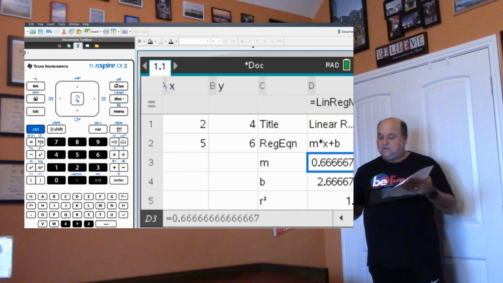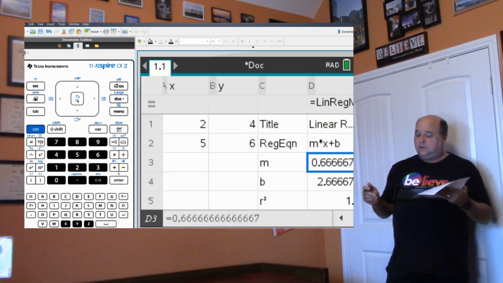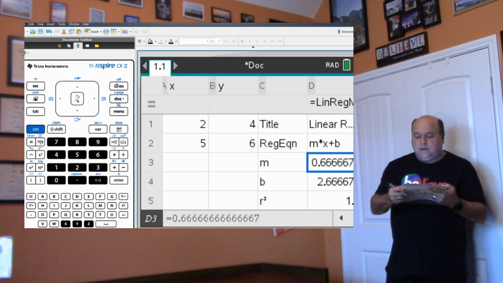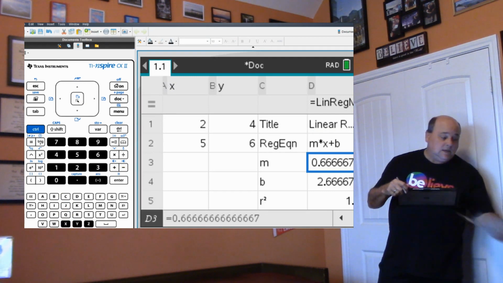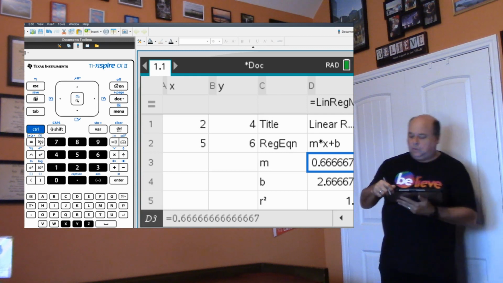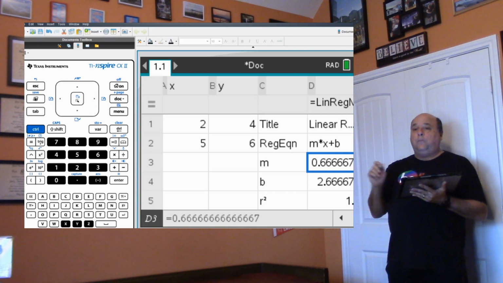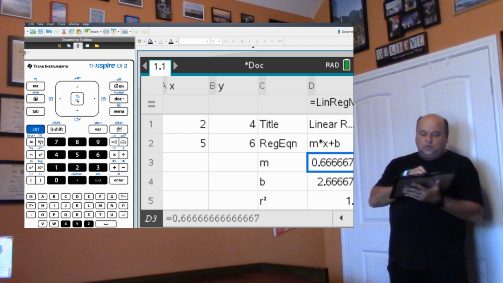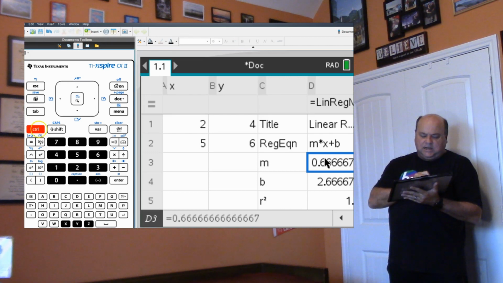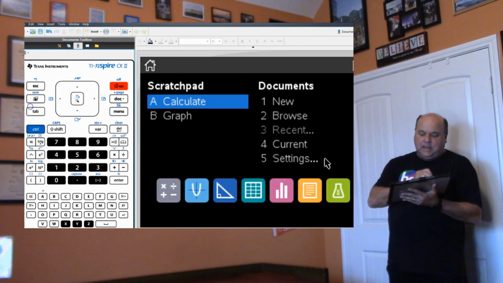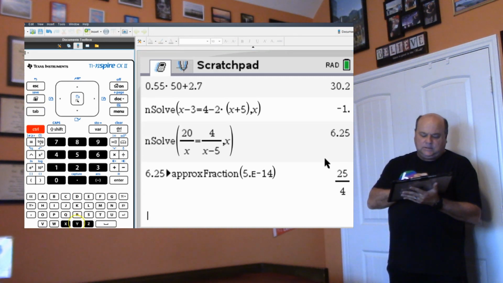And bam, there it is. Now these are big decimals, aren't they? Okay, did I type that in right? 2 and 4 and 5 and 6. Yes, I did. These are big decimals. So what I'm going to do, I'm on the 0.6666, right? So I'm going to hit Control C to copy, hit Home, A, Control V to paste, and then hit enter.